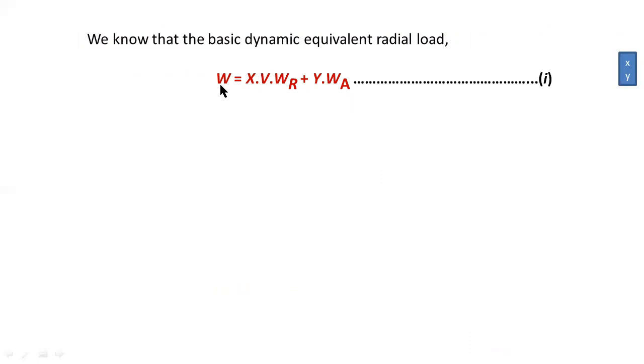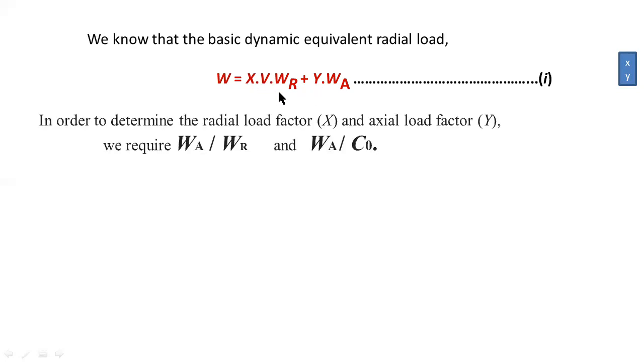Here W is the dynamic equivalent load, WR is the radial load, WA is the axial load. WR and WA, these both values are given in our question, but we don't know the values of X, V and Y.